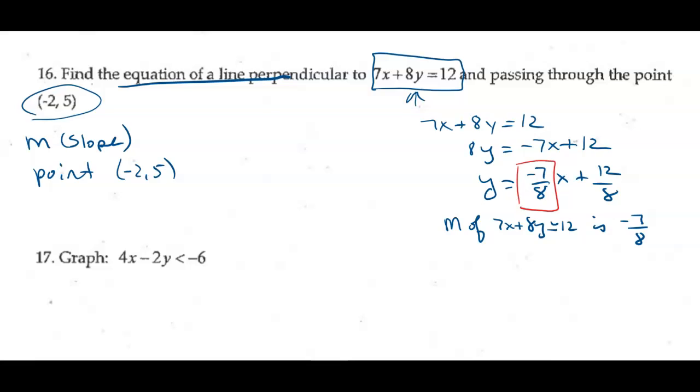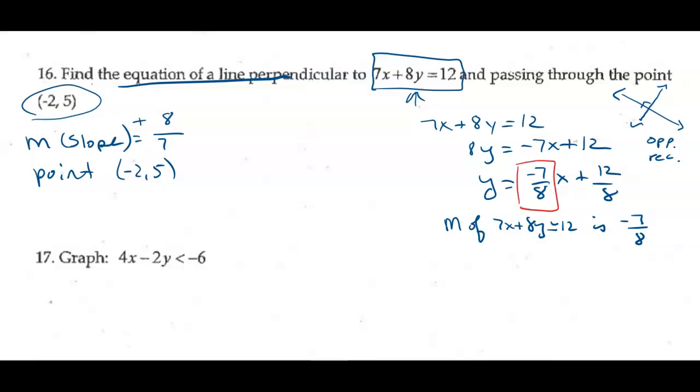That line is perpendicular. Well, what do you know about perpendicular lines? When they're drawn, their slopes are what we call opposite reciprocals, meaning if this line's slope is negative, the perpendicular one's going to be positive. And reciprocal, instead of 7 over 8, it's going to be 8 over 7. So it's going to be positive 8 over 7.